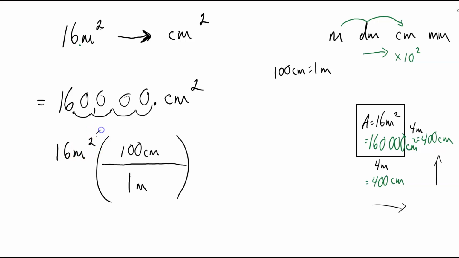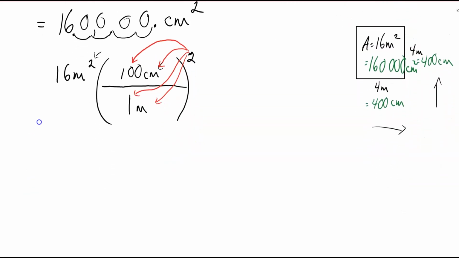But notice that this is squared and these are not yet. We need to square them all. And remember, with exponents, that power of 2 has to be on every factor inside the brackets, on the numerical part there, on the unit, on the numerical part there, and on the unit.